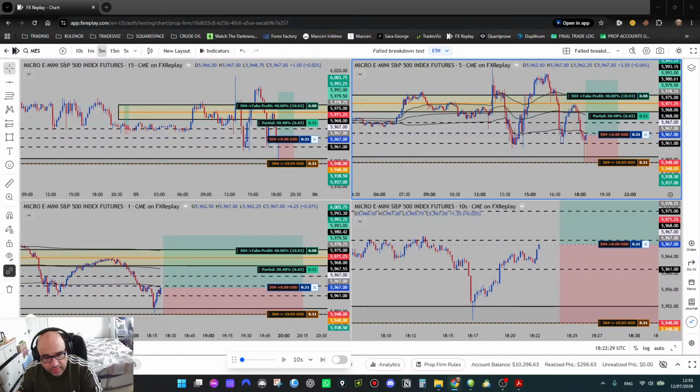A confidence level, I'm not quite sure how confident we are. Let's say 50%. Rating is good, looks like a good trade, so I'll put like a 4 for now.